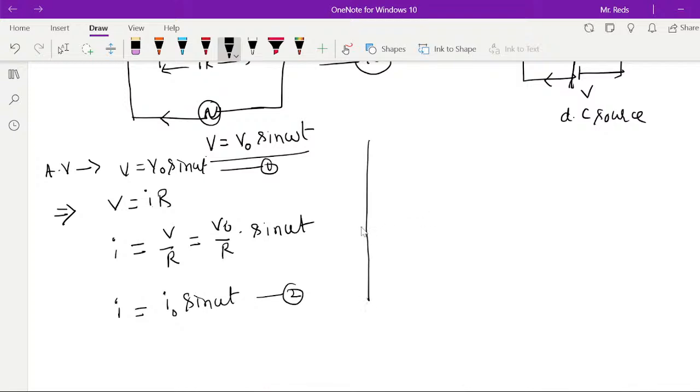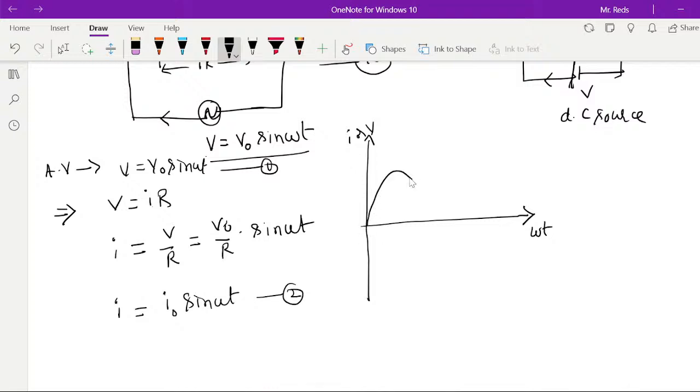In the waveform representation, we consider time or the total angle omega t itself, at time t equal to 0. If you observe here, V changes sinusoidally. This we have already discussed, so no need to spend more time here.